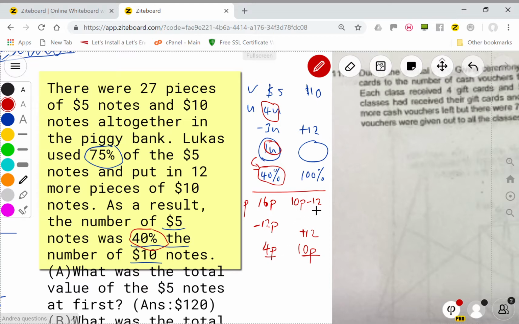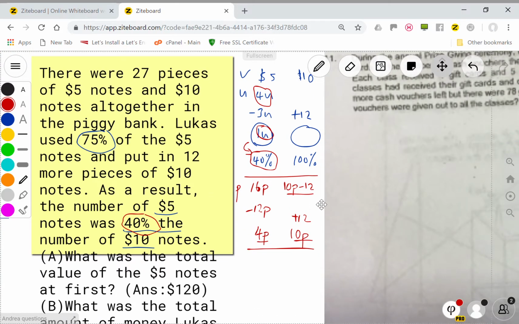And the other side, how do I derive this 10 parts minus 12? I go backwards. Because at first I have 10 parts minus 12, so plus 12 becomes 10 parts. Is that alright? This is the critical part, obtaining the red color column.